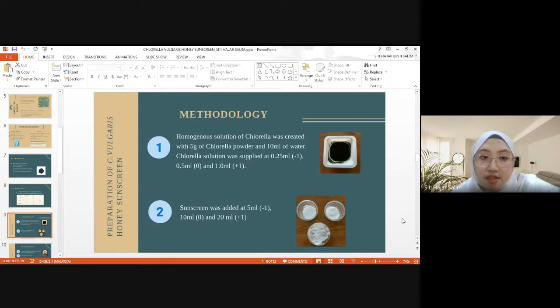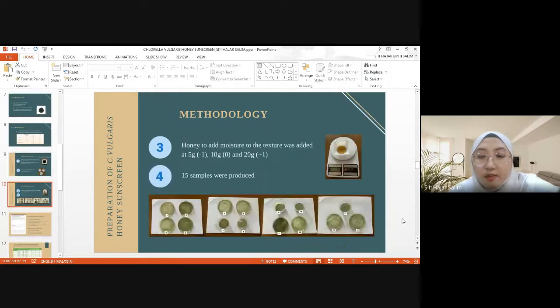To produce the C. vulgaris honey sunscreen, first, the Chlorella powder was mixed with 10 ml of water to produce a homogeneous solution. This solution was then supplied at 3 different levels, 0.25 ml, 0.5 ml, and 1.0 ml. The sunscreen was also added at 3 different levels. The same goes for honey, which functions to add moisture to the texture.